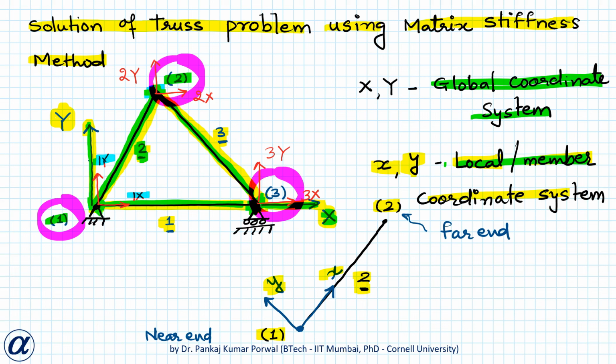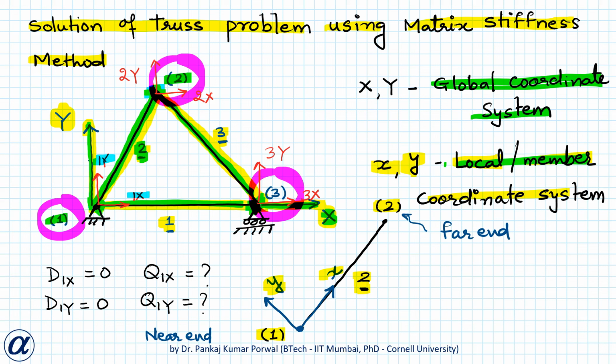So if a degree of freedom is restrained, then we know the value of that degree of freedom. In this case, we know that the displacement d1x is 0 and d1y is also 0 because we have a hinge support, but corresponding to these degrees of freedom, q1x and q1y, the forces are unknown.